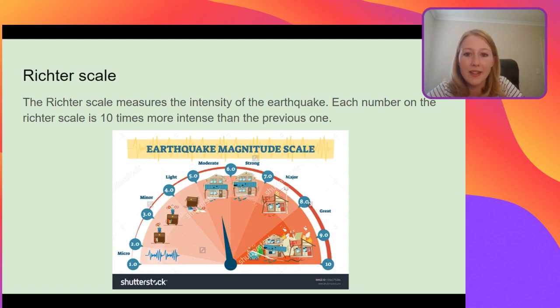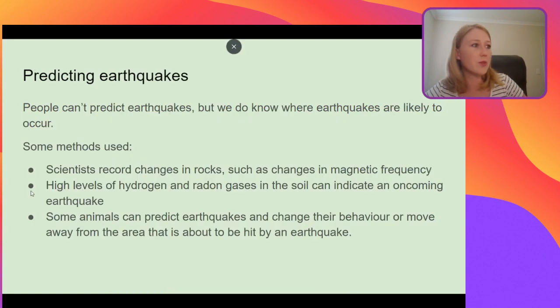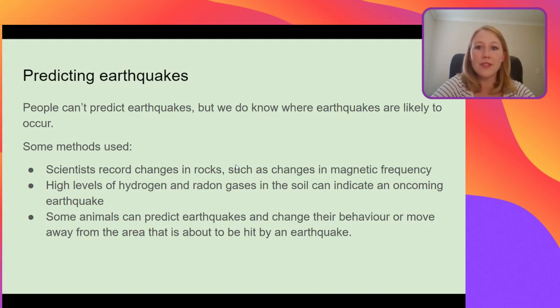Okay, we can somewhat predict when these earthquakes will occur. So we can figure out trends about places that frequently have earthquakes. We can record the changes in the rock, the magnetic frequencies.